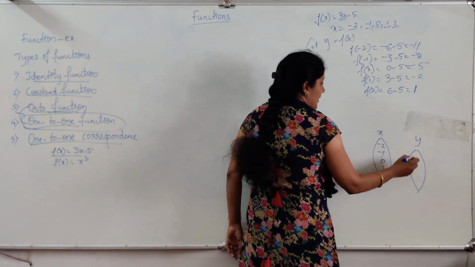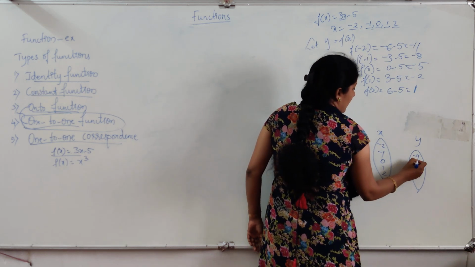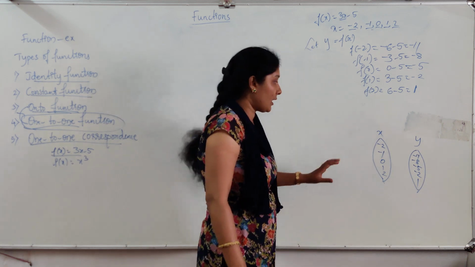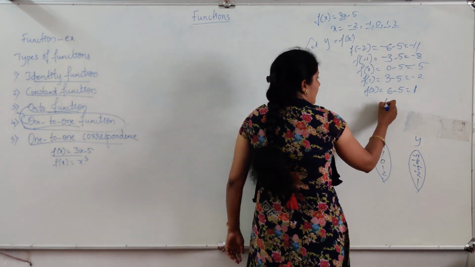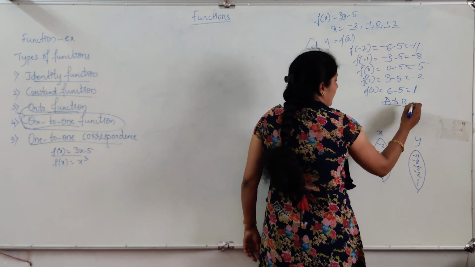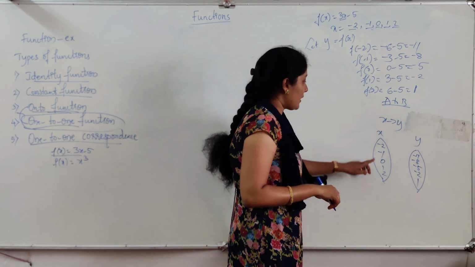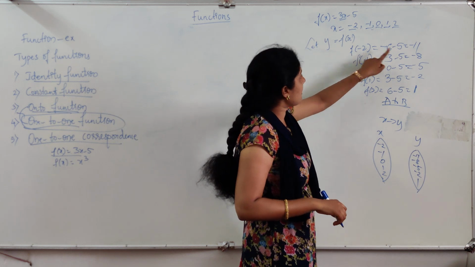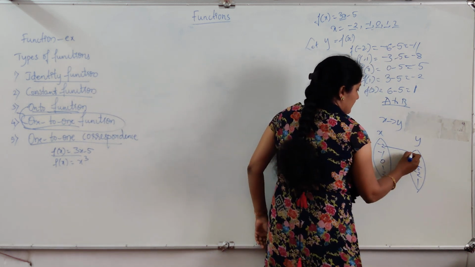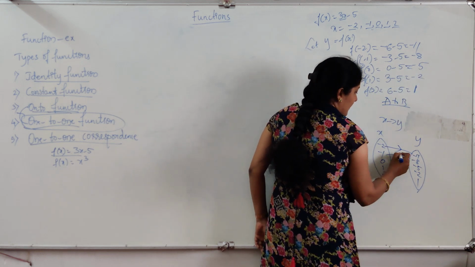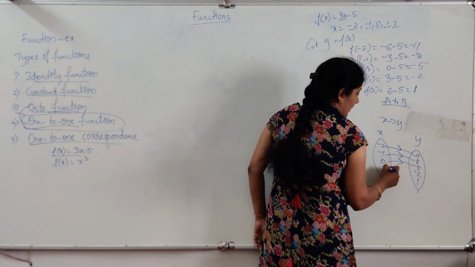And y values minus 11, minus 8, minus 5, minus 2 and 1. Now the relation from A to B, here it is from x to y. So f of minus 2 is nothing but minus 11. Next, f of minus 1 is minus 8. Similarly, all of these.